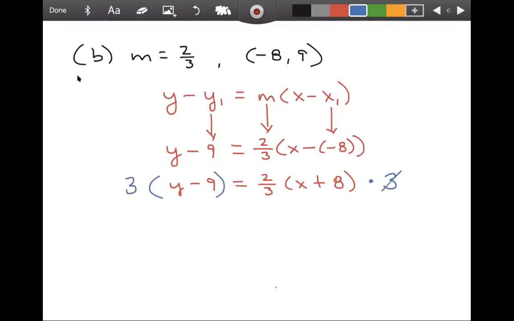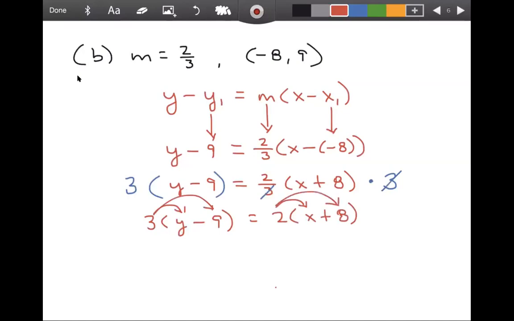This 3 will cancel this 3. And that will leave us with 3 times y minus 9 equals 2 times x plus 8. Now I'll distribute the 3 and distribute the 2. And that'll give me 3y minus 27 equals 2x plus 16, sorry.